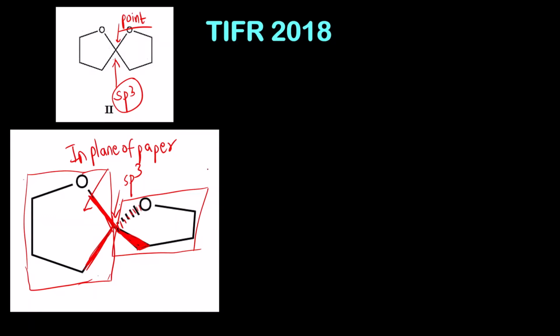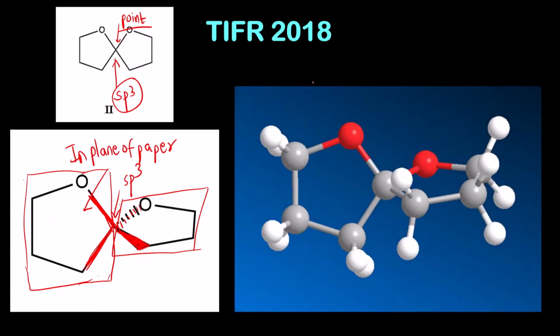If you see the actual three-dimensional structure or ball and stick model, it would look something like this. Here it is very clearly visible that this ring is in one plane and this ring is in a plane perpendicular to the first one.